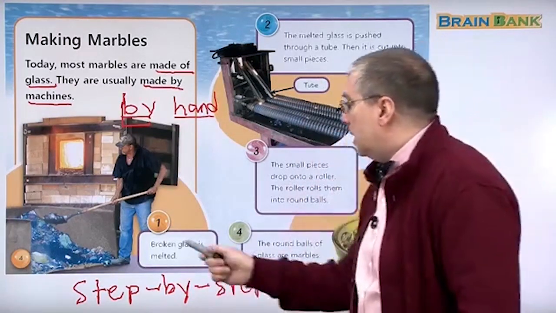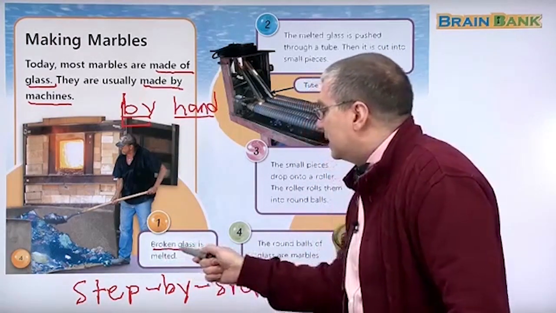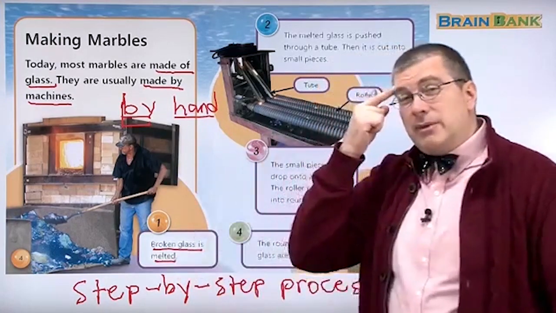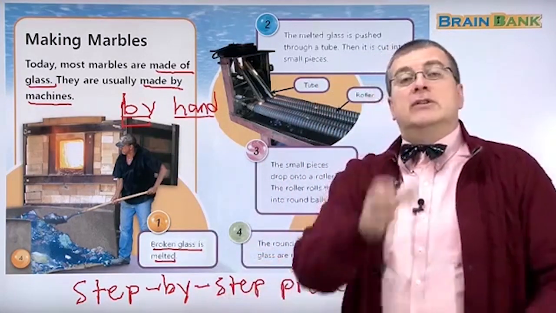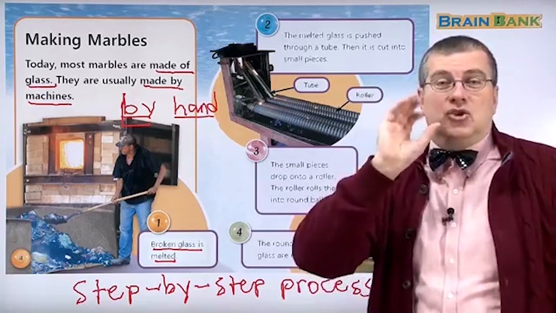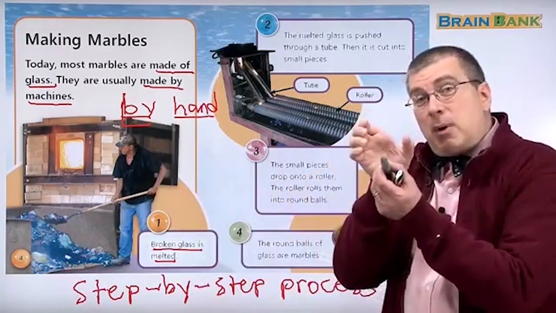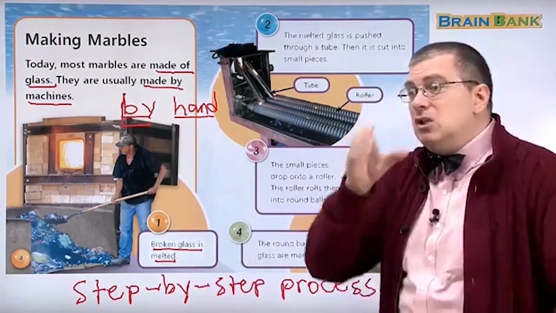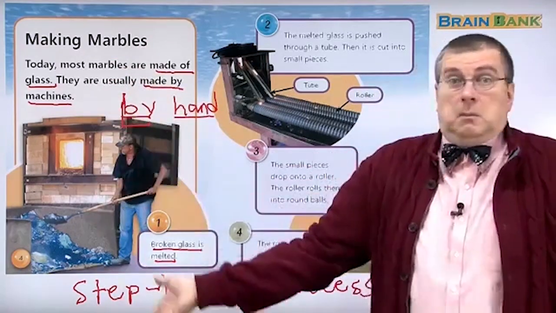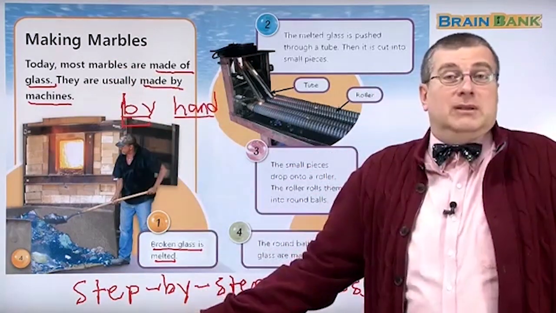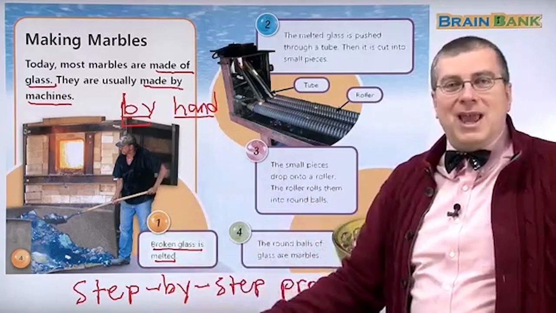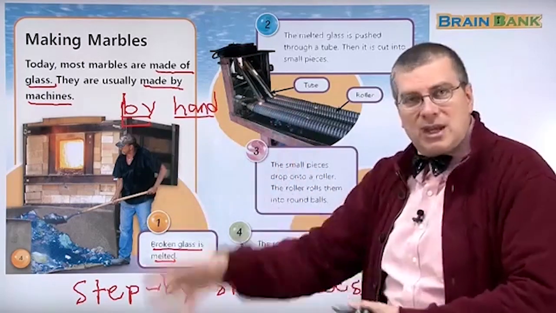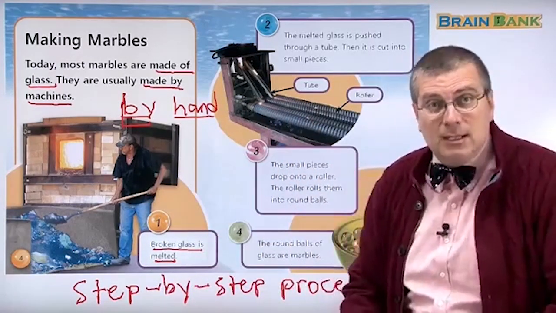Step number 1. Broken glass is melted. Think about that, broken glass. So when you drink a drink from the store and the bottle is made of glass, you drink it once and throw it away? Then what happens to it? Well, maybe you throw it away, it breaks, or you put it in the garbage, it gets broken, right?